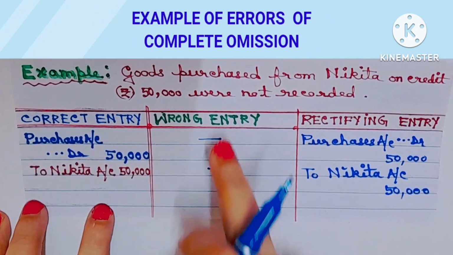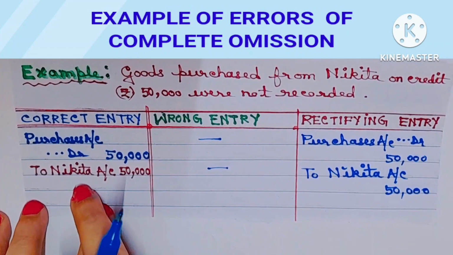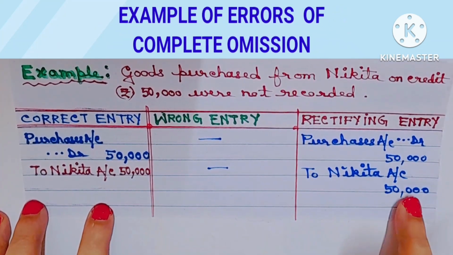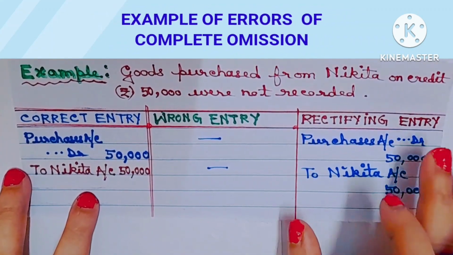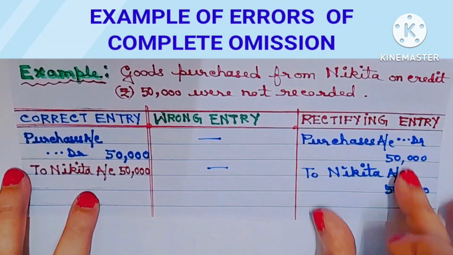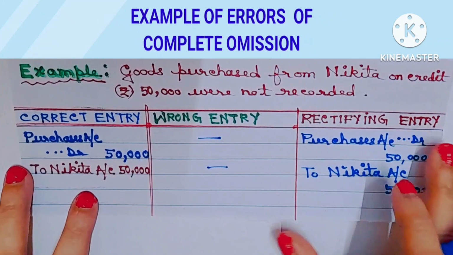See the wrong entry on the credit side. There is nothing. So just copy the correct entry on the credit side, to Nikita account 50,000. So this is the rectifying entry. You have to prepare a journal entry again to show this rectifying entry. That I will do when I'll be doing the problems.